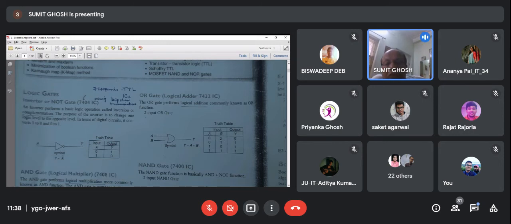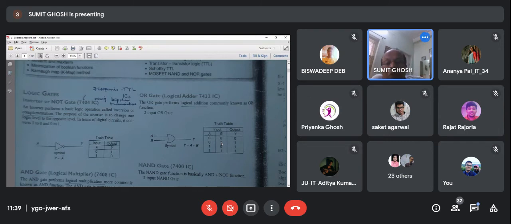So 0 plus 0 is 0. Actually it is 0 or 0 is 0. You can read it as addition. So 0 plus 1 is 1. 1 plus 0 is 1. 1 plus 1 is how much? In decimal we say 1 plus 1 is 2, but actually this is 1. You cannot have anything like 2. So output is high or output is true when any or both inputs are true.